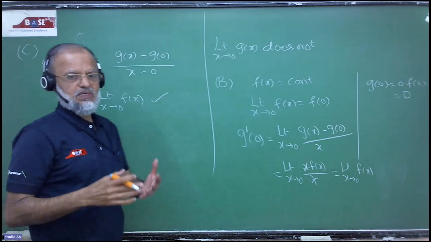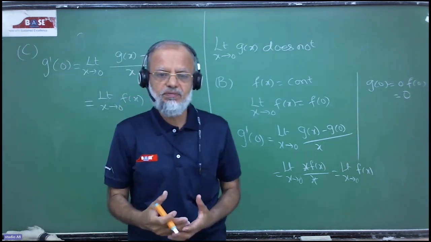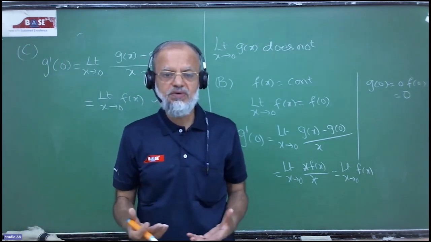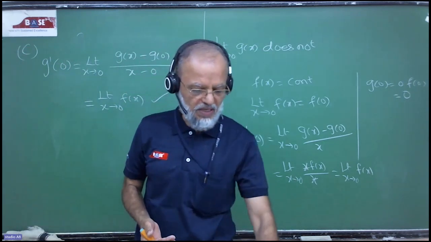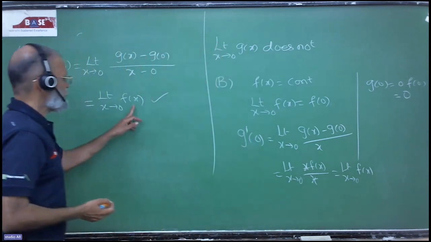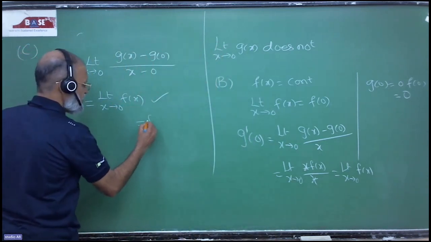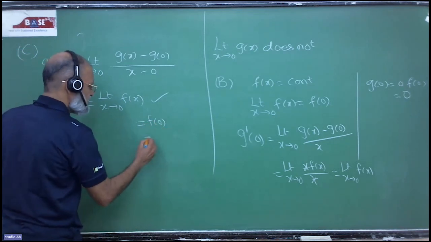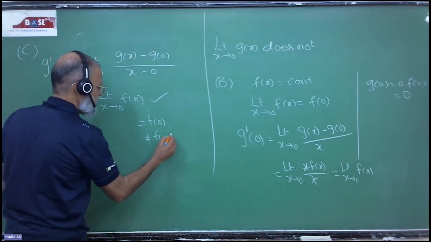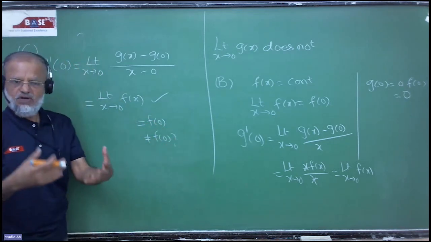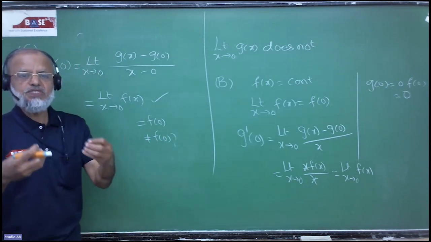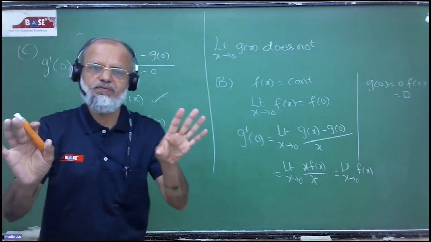But we have to talk about the continuity. When do you talk about the continuity? You have to say that if it is equal to f of 0, then only it is continuous. Is it equal to f of 0 or not? We have to check. In fact, it is not clear whether f of 0 is defined or not.